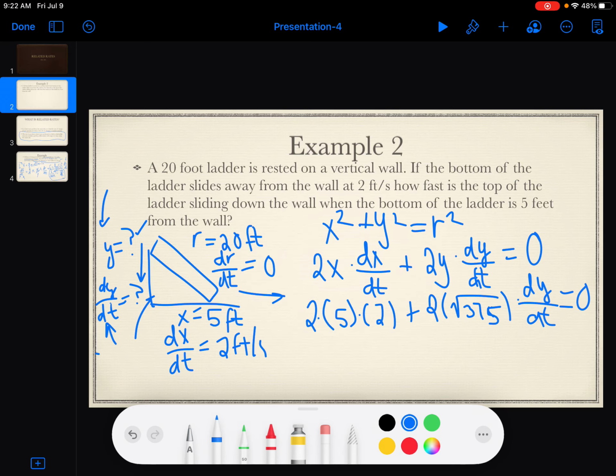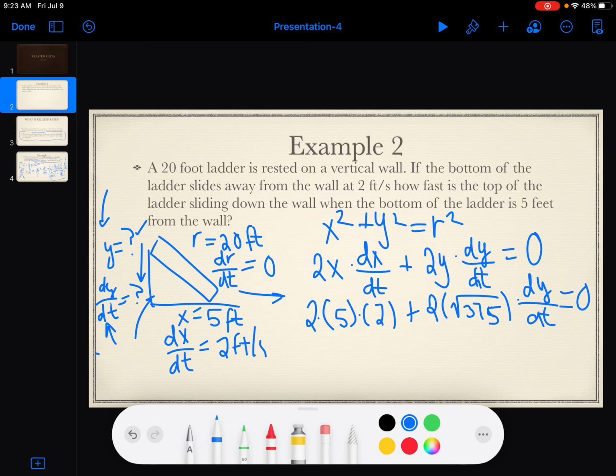So it's important to draw a diagram. Imagine the situation. Just think about the situation, realizing that the length of the ladder is not changing. It'll always be the same. It's a ladder. It's not going to stretch or compress. It's just going to be the same. And it's sliding down, and just imagine this in your head. You've got to be really visual with these related rates problems. And you've got to draw a diagram and just fill in the information.